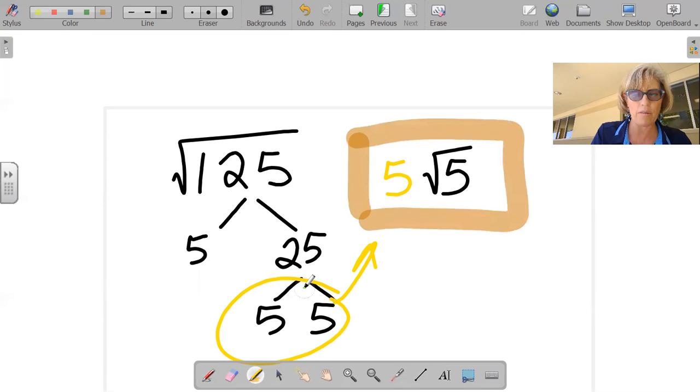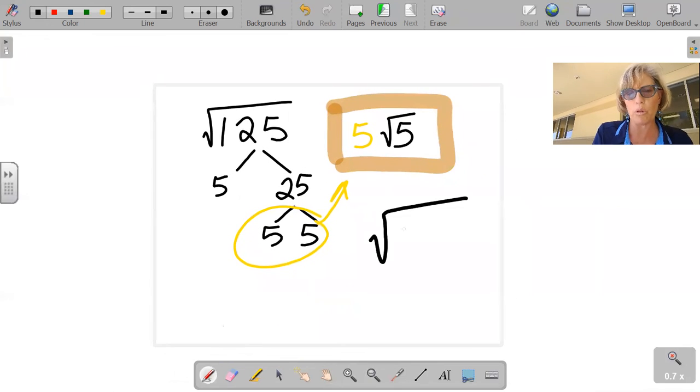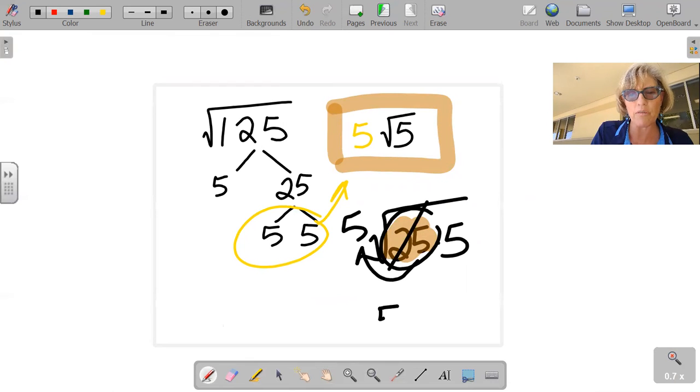So 5 root 5. Another way you could have looked at that is simply the square root of 25 times 5. And 25 is perfect, gets to come out, and you get 5 root 5.